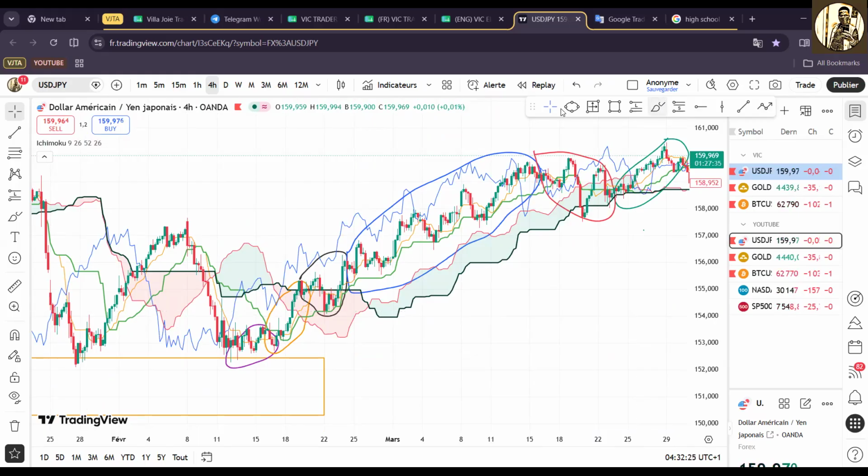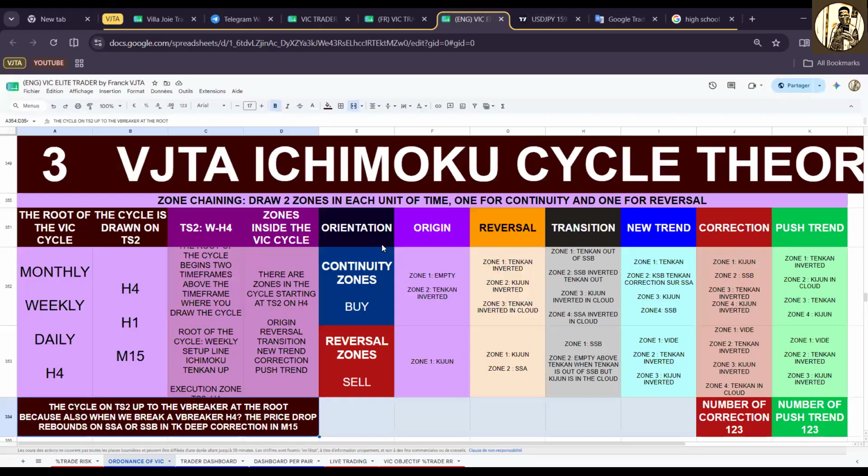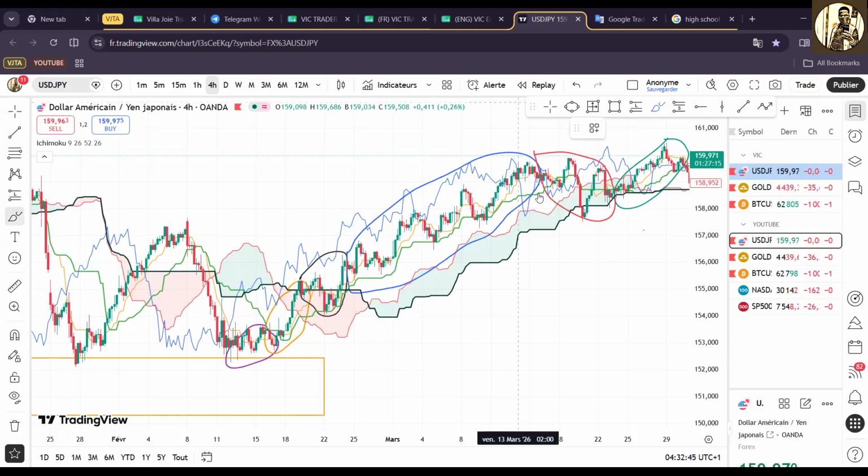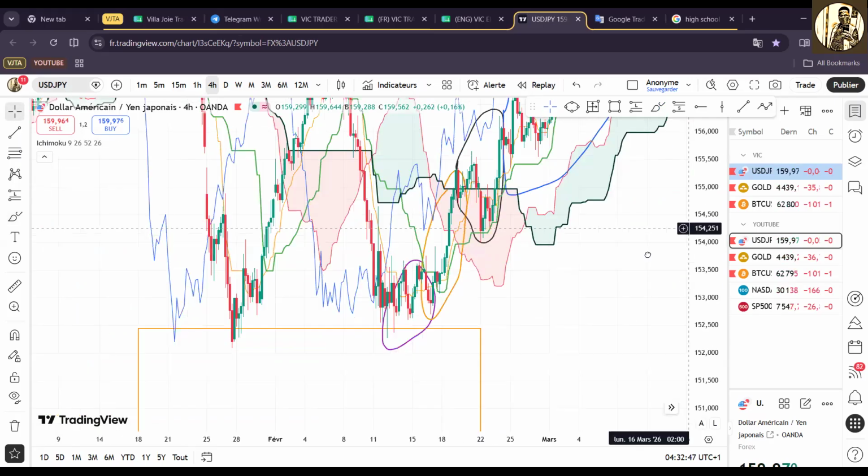We have here, you know that there is each cycle, the origin cycle has continuity zones and also has the reversal zone. So let us identify them.